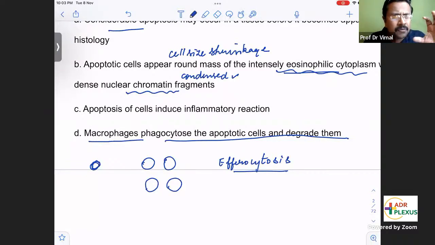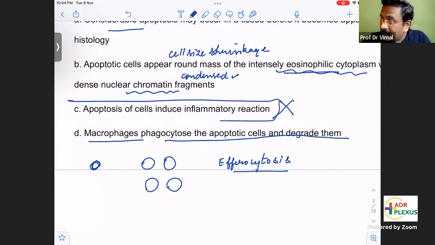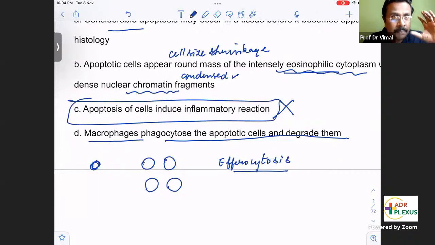Please remember, in apoptosis the cell membrane is intact, so there is no inflammatory reaction. But in necrosis, the cell membrane will be damaged, and this results in inflammation. Very important point: in necrosis inflammation will be seen, and in apoptosis inflammation will not be seen.